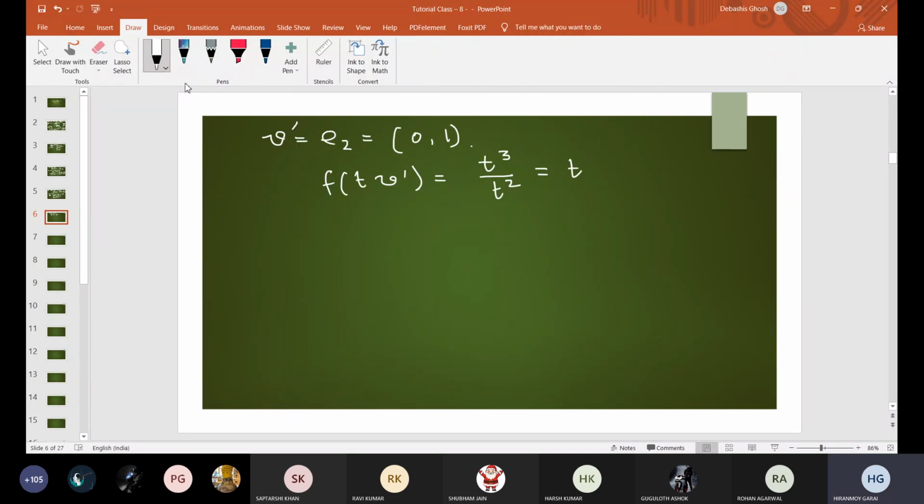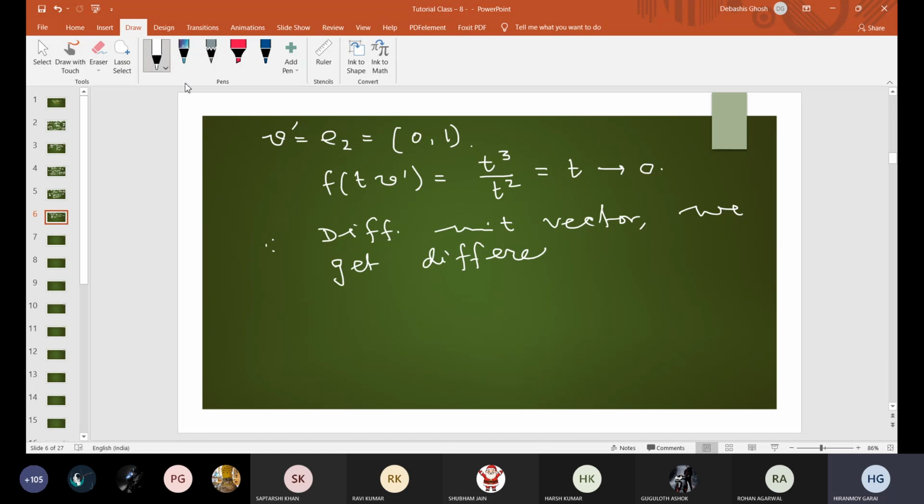Now as t tends to 0 plus, this tends to 0. So therefore for different unit vectors we get different values, so the limit does not exist.